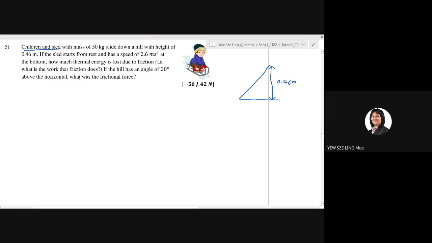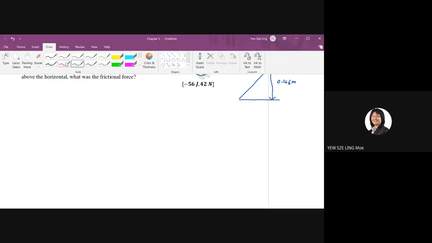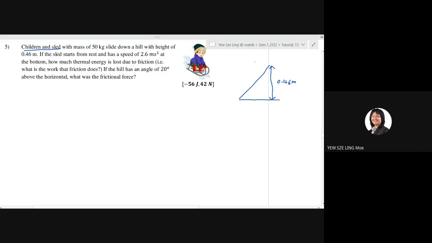So if the sled starts from rest and has a speed of 2.6 meter per second at the bottom, what is the information given? Initially, your object is at rest, and then the final velocity is equal to 2.6 meter per second.